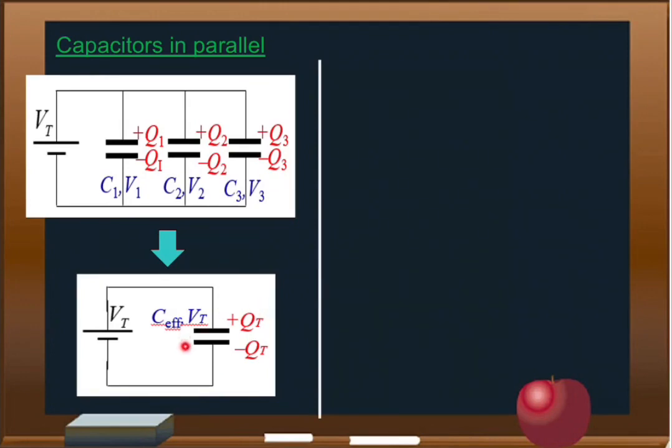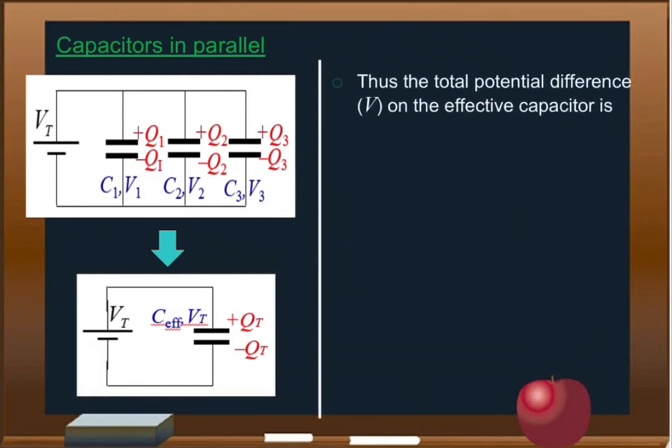The charge for the effective capacitance is called the total charge Qt, and the total voltage for the effective capacitance is equal to the supply voltage by the battery. When we have capacitors which are connected in parallel, the potential difference across each capacitor will be the same as the supply voltage.